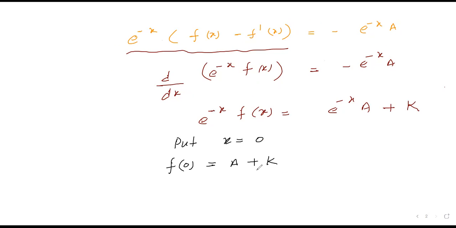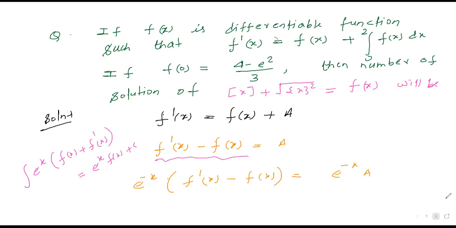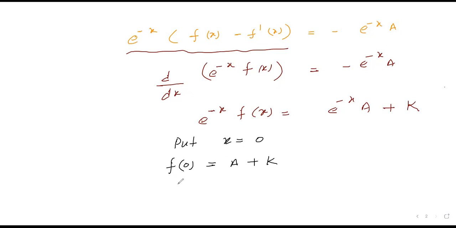A plus K. Okay, so f(0) is (4 minus e²)/3. So put f(0) here, (4 minus e²)/3, and minus A. This is basically K. It's the constant of integration, right?